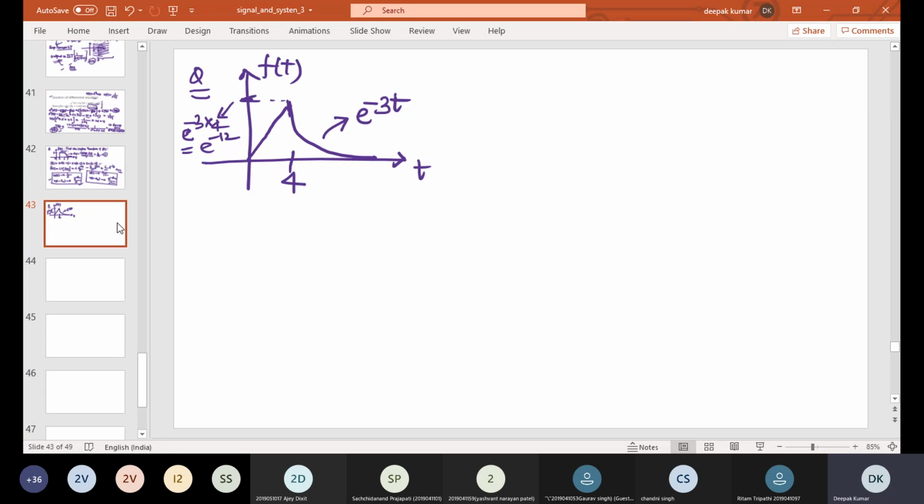This is the maximum amplitude of this given graph. Find the Laplace transform of f of t.